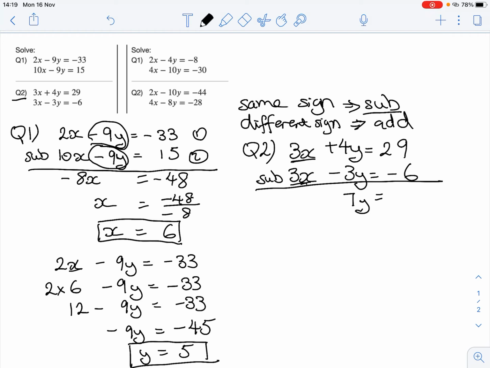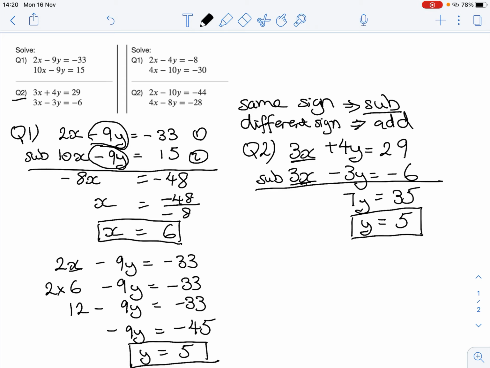So 29 subtract minus 6 becomes 29 add 6, which is 35. So 7y equals 35. So y equals, we divide by 7 on both sides. 35 divided by 7 is 5. So y equals 5.